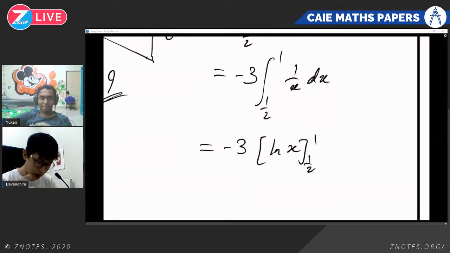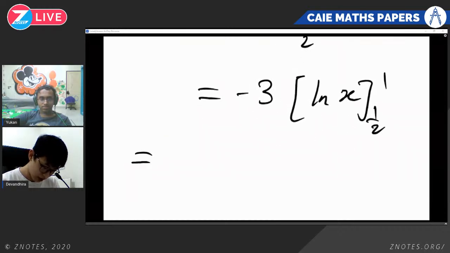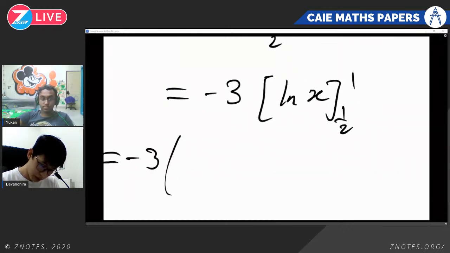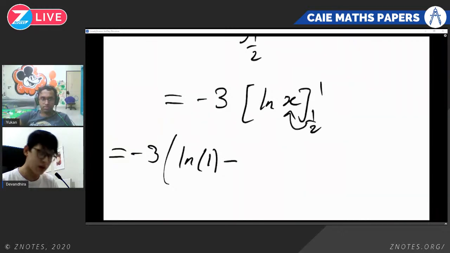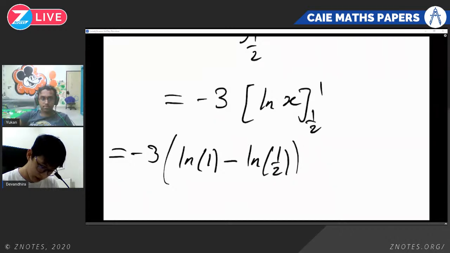You have to evaluate it at 1 and at half. So -3 times: first we put in x is 1, so we have ln of 1, subtracted by when x is half, so ln of half.